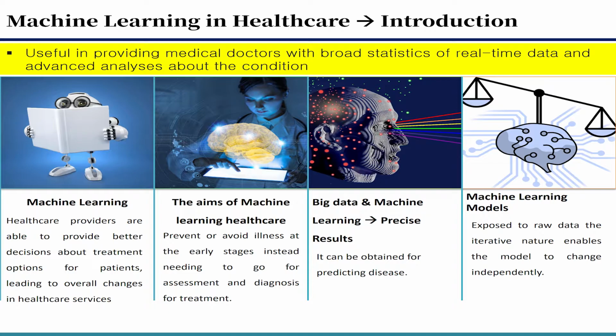Third, we are talking about big data and machine learning. What is big data? Let's see some basic things about big data. Big data means a huge amount of data. For example, we have the A to Z alphabet, right? And with those letters we have created so many things.